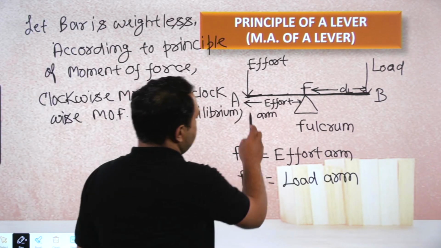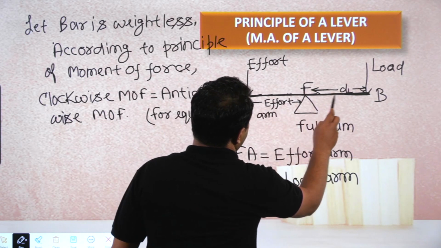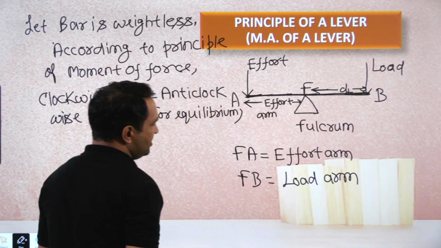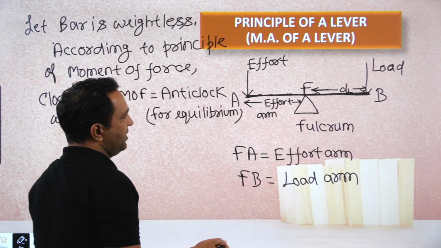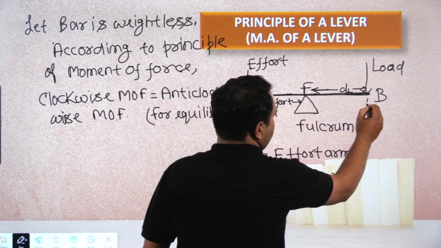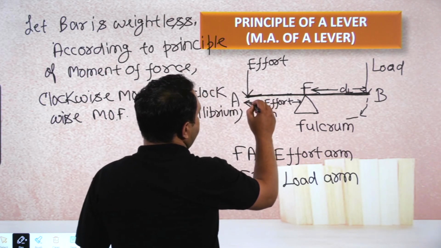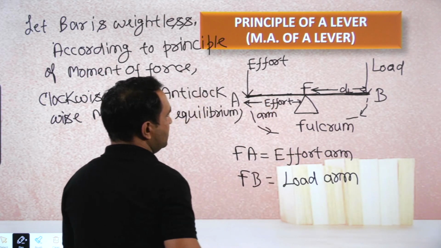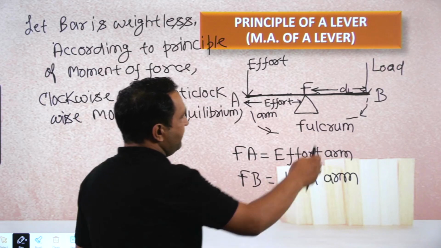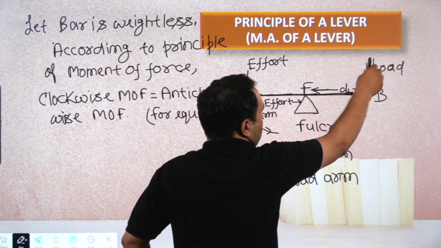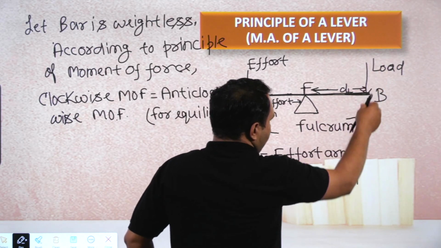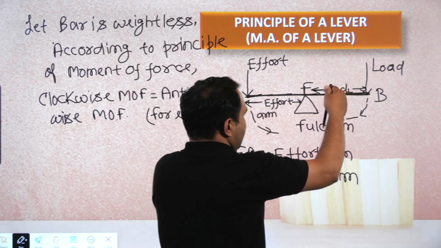Right? If we want this bar to be in equilibrium state, then the clockwise moment should be equal to the anti-clockwise moment of force. This one will do the clockwise moment of force, and this one will do the anti-clockwise moment of force. As you can see here, if the load is more, then it will go downward in the clockwise direction. It will rotate like this.